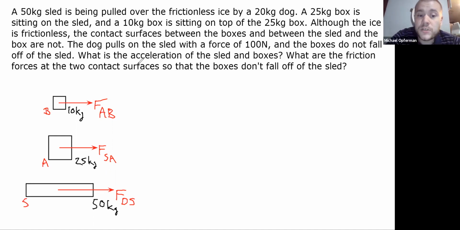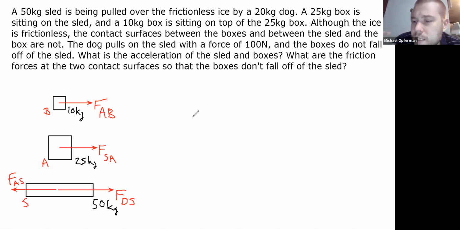First of all, FSA is in diagram A. The third law pair for that, FAS, will be in diagram S. So now I'm turning my attention to diagram S, and I know that the direction of that force has to be opposite of FSA. So that means this way. There's going to be a backwards force like that. This is going to be FA on S, box A acting on the sled, pulling it backwards.